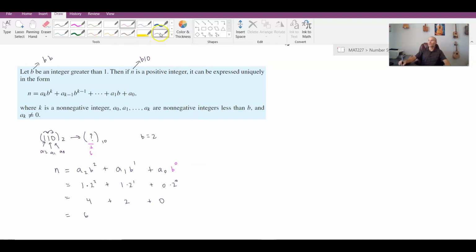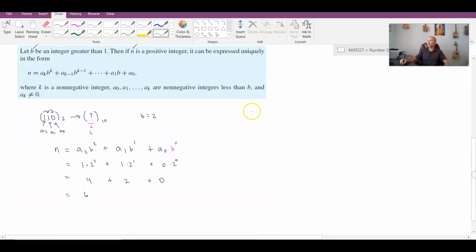We could do the same thing in our hexadecimal representation, which was the number A0B in base 16. And we want to know what is that number going to be in base 10. So following the same principle, we are in B equals 16. We see that we have 3 digits, so A2, A1, and A0.